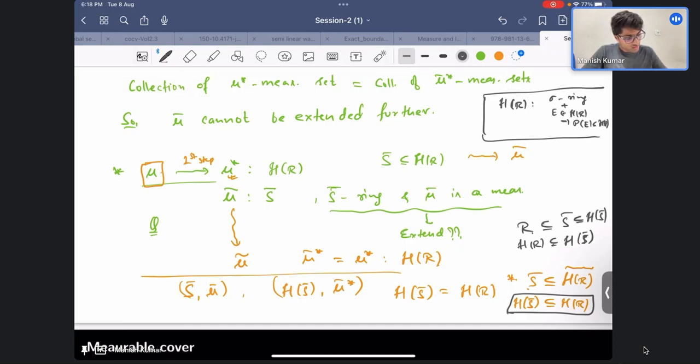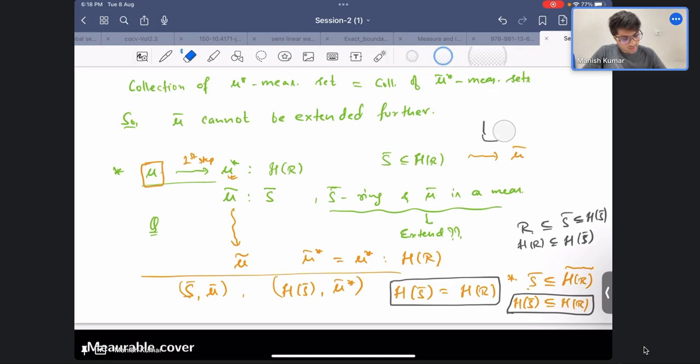R is contained in H of S bar, so H of R is contained in H of S bar, right? Yes, sir. So that is why these domains are actually equal. I mean, H of S bar is nothing but H of R. Is this clear? Yes, sir.